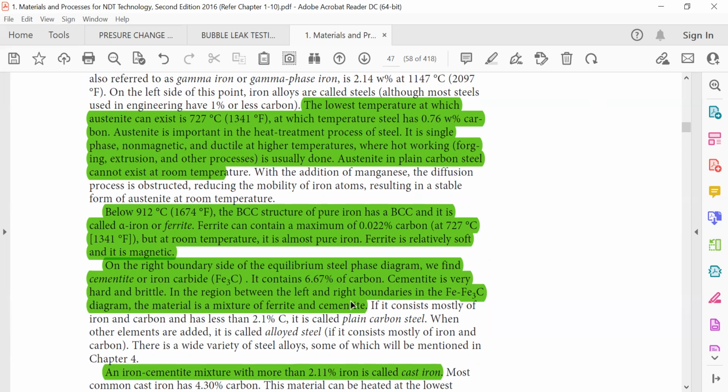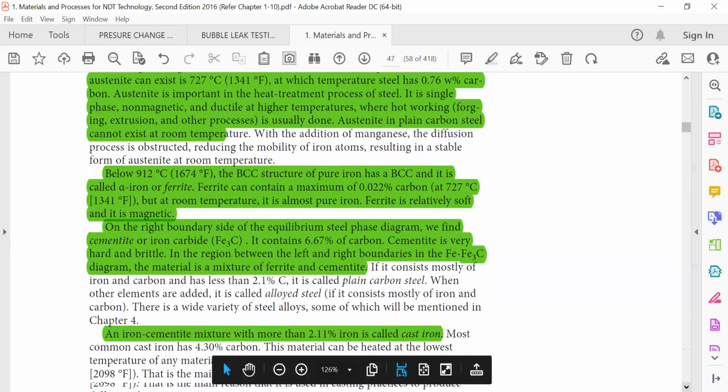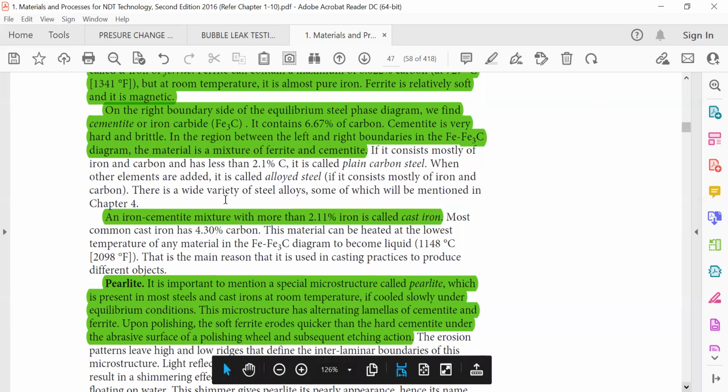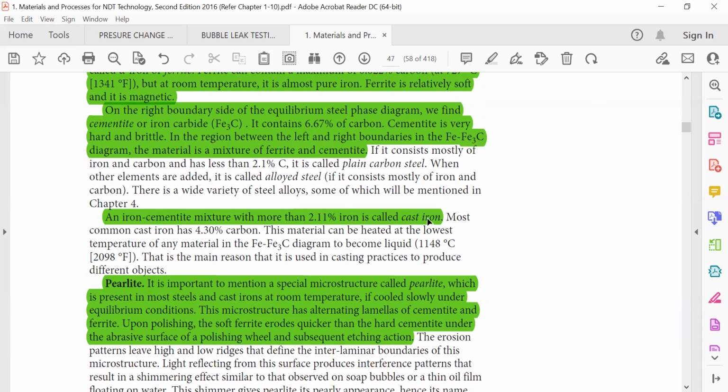Cementite is very hard and brittle. Perlite is ductile. Ferrite is ductile. Ferrite is soft. An iron-cementite mixture with more than 2.1% carbon is called cast iron, not steel.